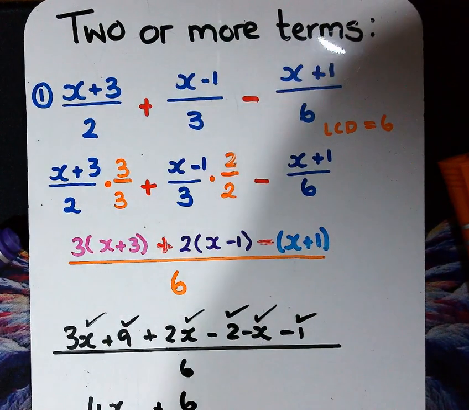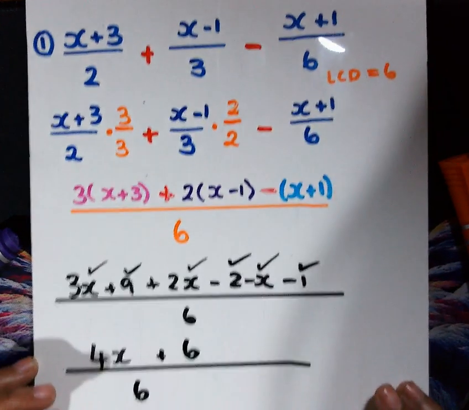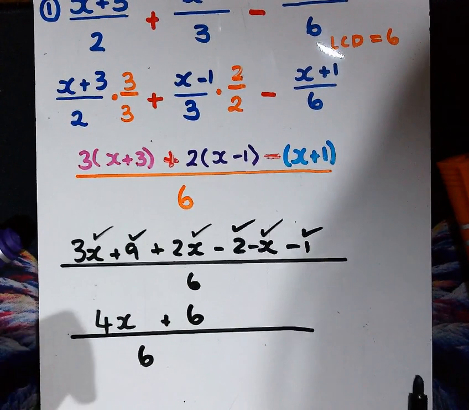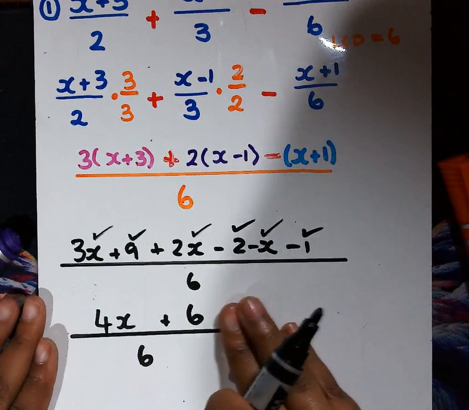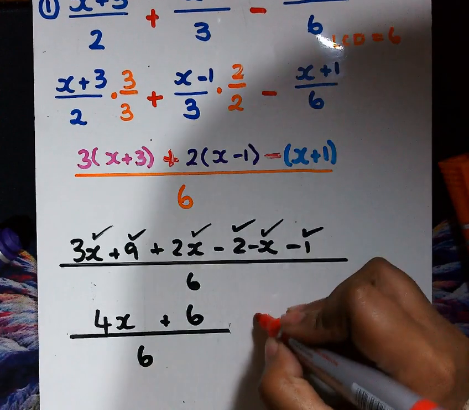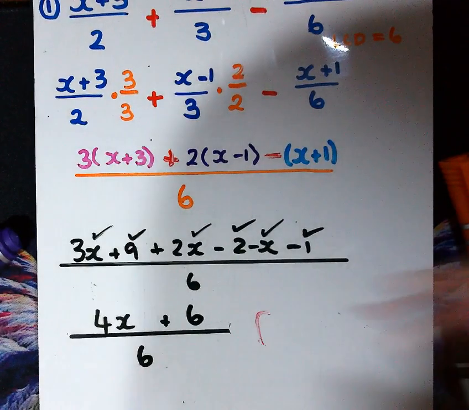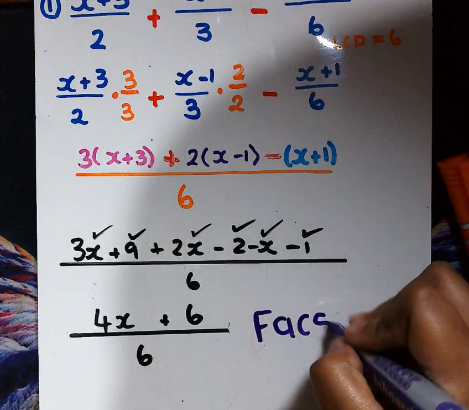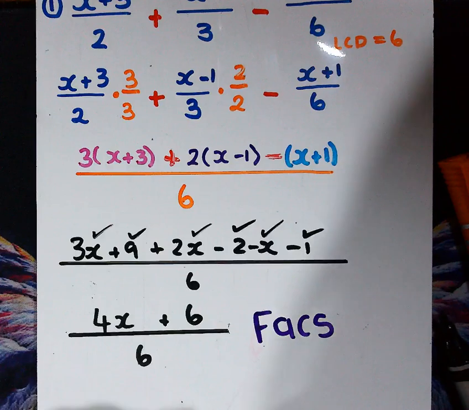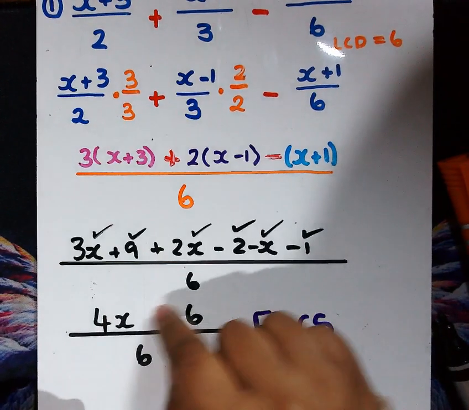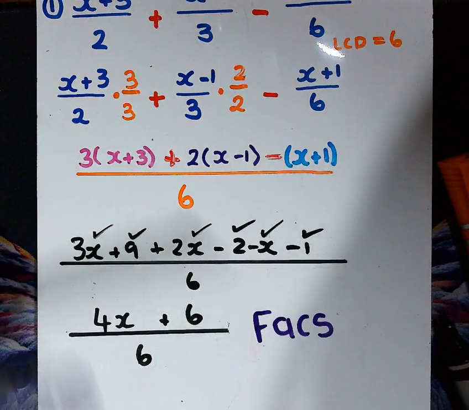Okay, and now at this point you have a binomial. And remember, when we have no monomials, we do factors for fractions. So we need to go see if we can possibly factorize and cancel. Okay, and from the looks of it, we do have a common factor of 2.